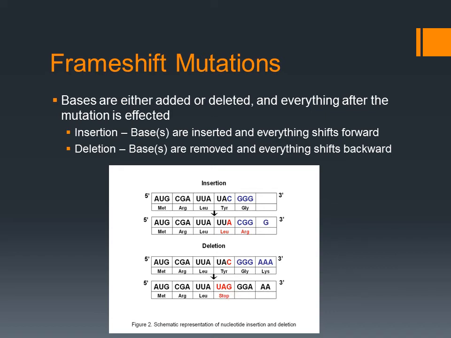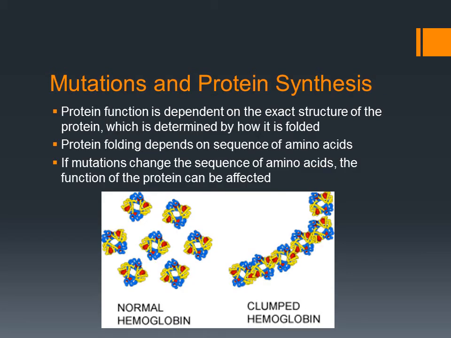So let's just revisit why mutations are so important to protein synthesis. Protein function is dependent on the exact structure of the protein, and that structure is determined by how it's folded. So remember that protein folding depends on the sequence of amino acids.